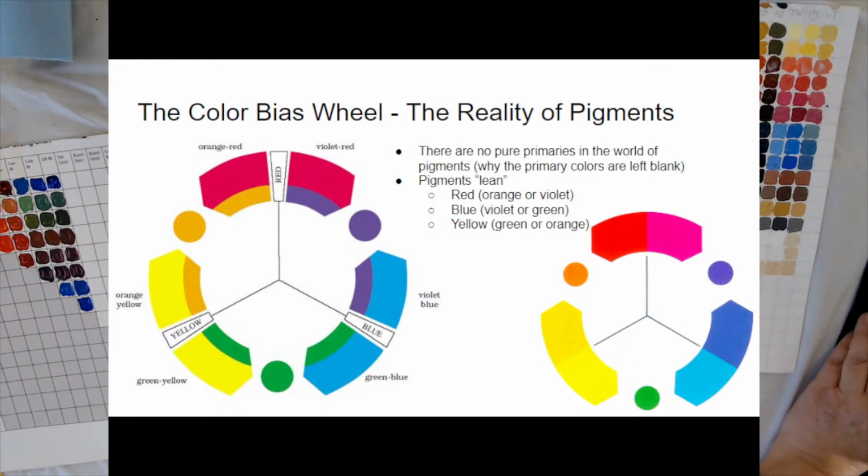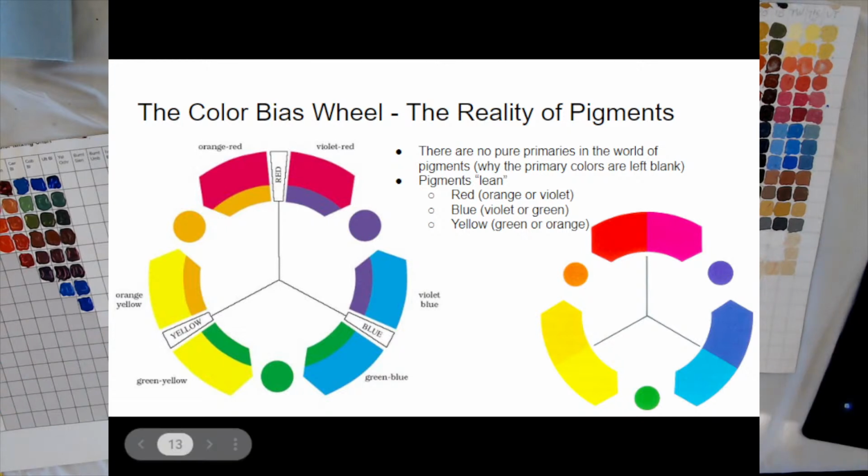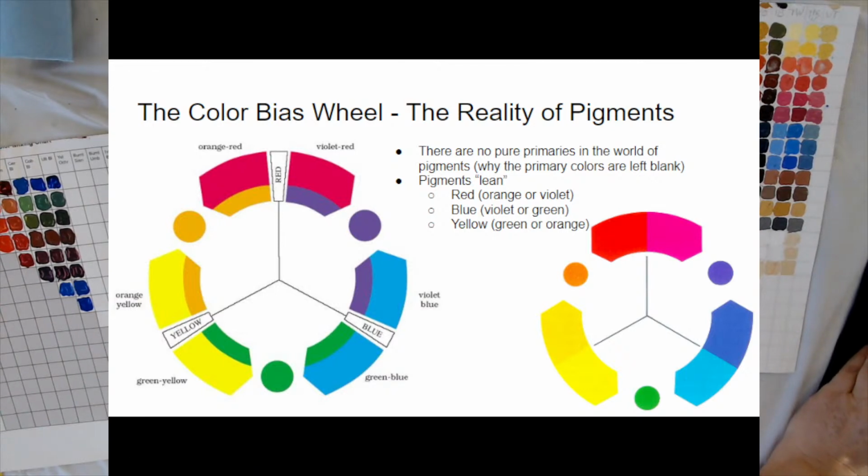What it does is show that there are no pure primaries in the world of pigments, and that's why the primary colors are left blank. Pigments lean. So red either leans orange or violet. Blue leans either violet or green, and yellows will lean either green or orange. And that's the reality of pigments.